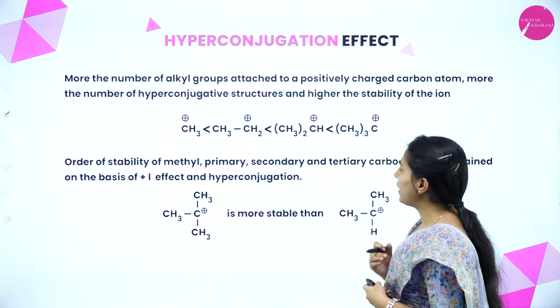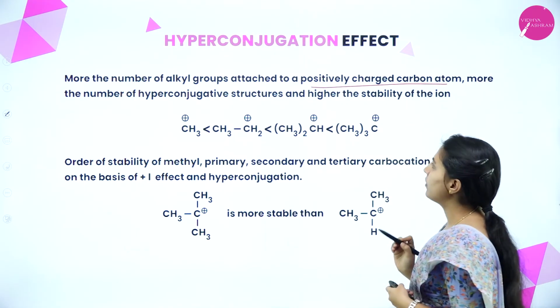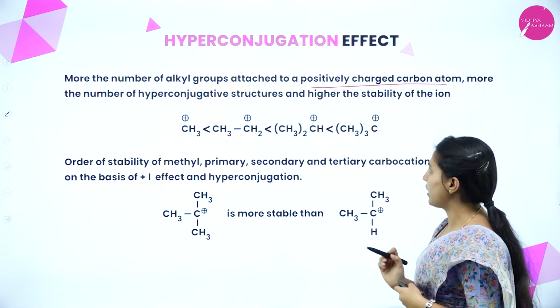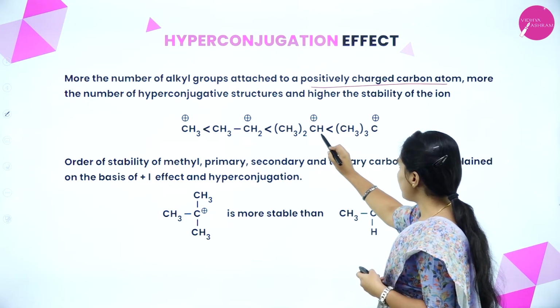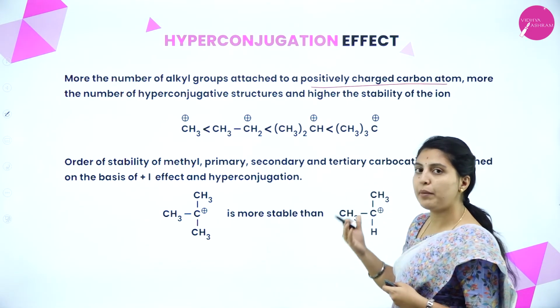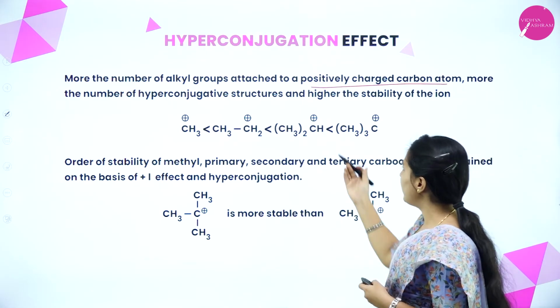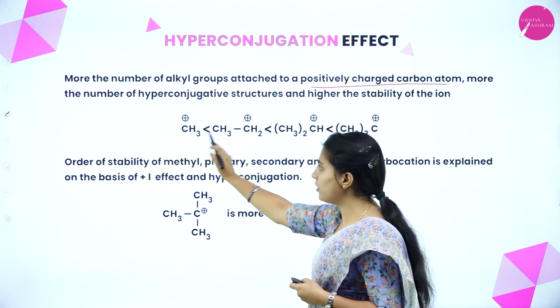The more the number of alkyl groups attached to the positively charged carbon atom, the more the number of hyperconjugative structures and the higher the stability of the ion. Here, 3 CH3 groups are there, that's why the stability is more and the hyperconjugative structures are more. Here only 2, lesser than this one, and here only 1. This is only methyl.